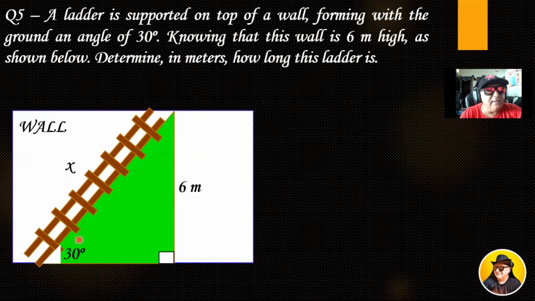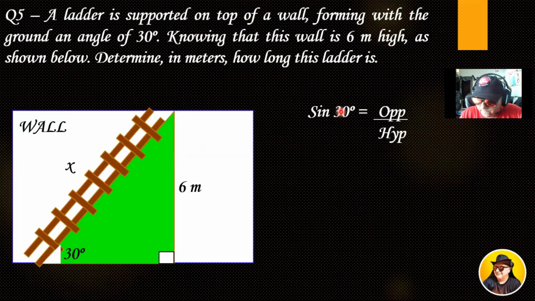And 30 degrees is here. So it means that 6 meters is what? Opposite side or adjacent side? Yes, the opposite side. So is it a sine, a cosine, or a tangent problem? Very good. It is a sine because only sine involves opposite side and hypotenuse. Now let's replace the values. What's the sine of 30 degrees?